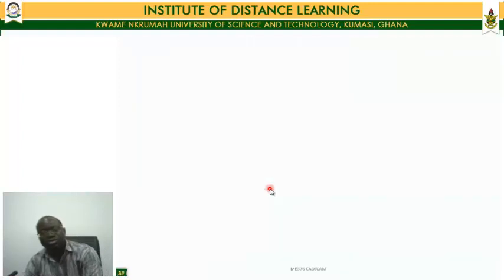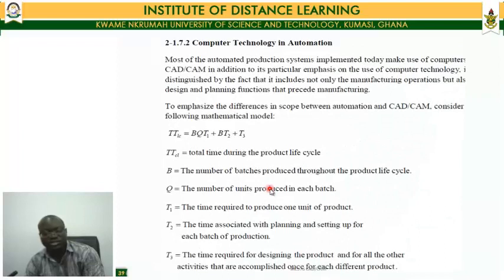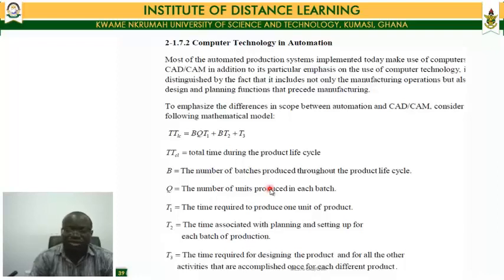So if you look at these things that we have observed, now let's look at applying the computer in the automation here. What you notice is that most of the automated production systems implemented today make use of computers. And if you take CAD/CAM, we are looking at automation and then the role of CAD and CAM, that's computer-aided design and manufacturing.